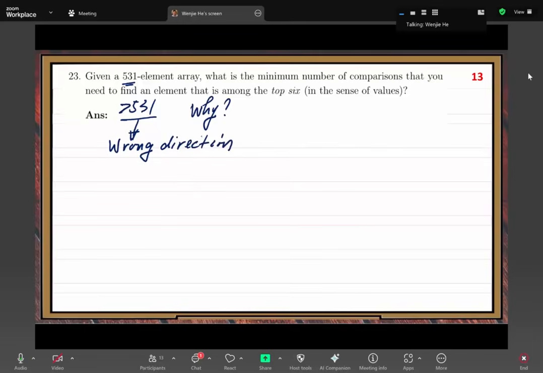The right direction should be less than this number. Why do I say the right direction should be less than this number? Here, let's consider finding the minimum. But for this question we need to change to, because we consider the top part, finding the maximum.